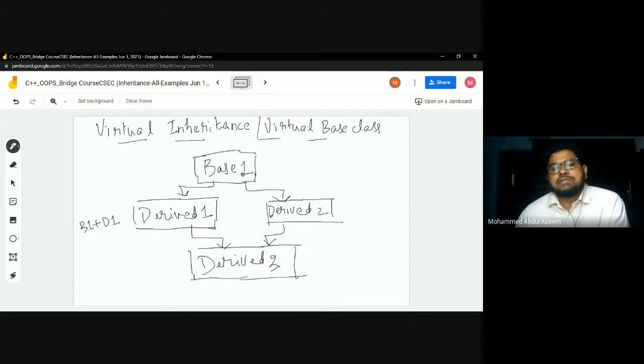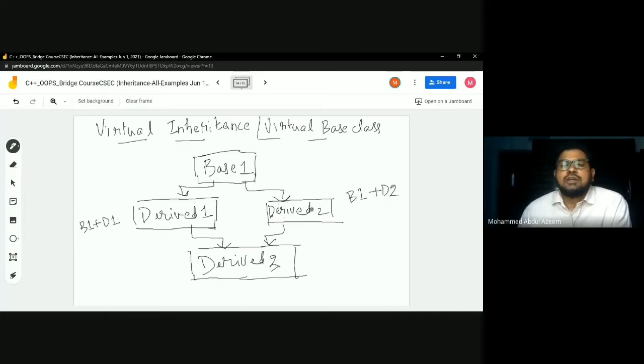Now when Base 1 is inherited at Derive 2, it is inheriting the properties of Base 1. So it means at Derive 2 you can find Base 1 properties which are coming from this, and then the derived class properties, its own properties, right?